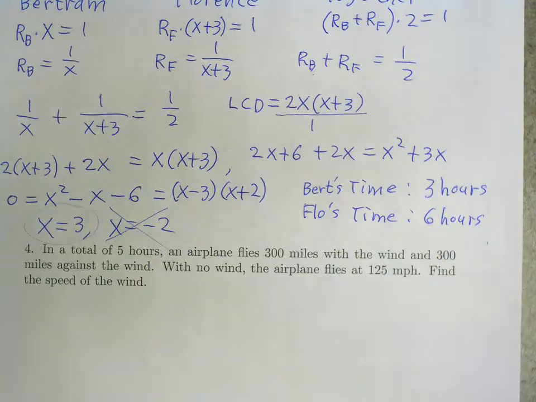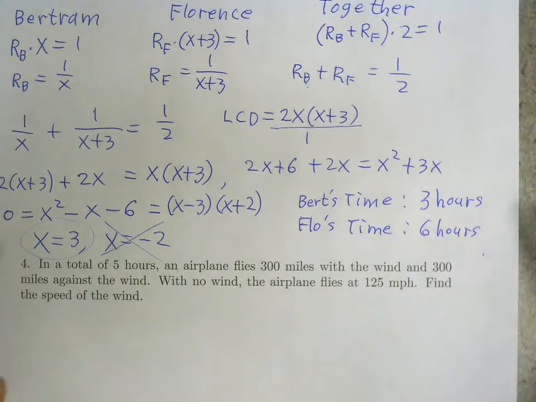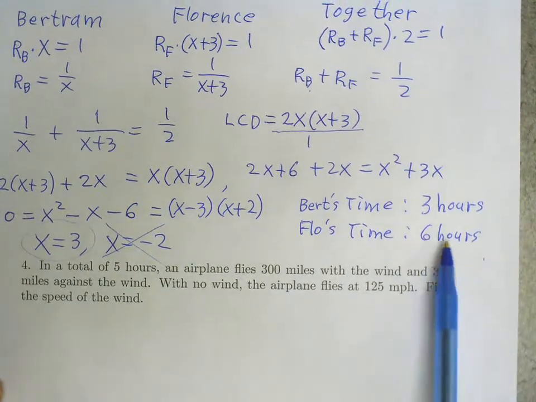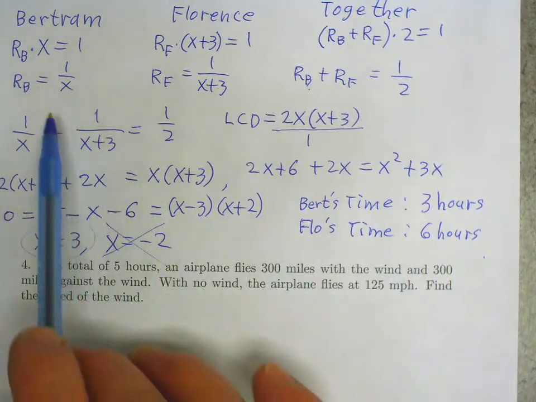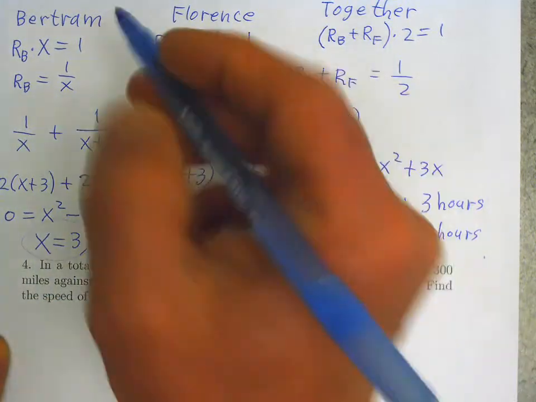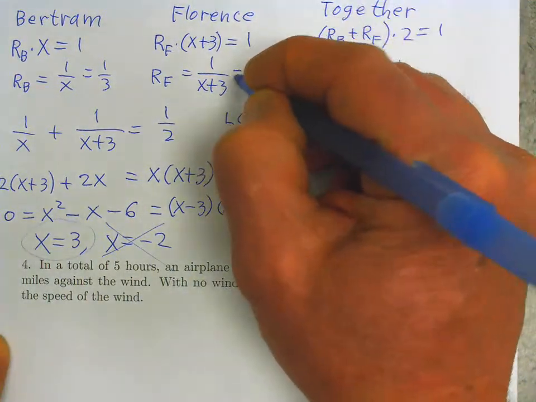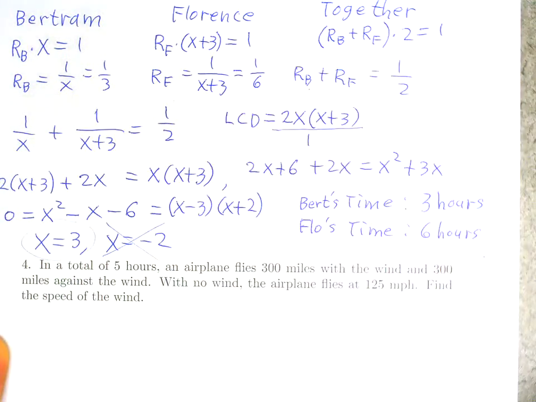Okay, and if you want, you can verify even doubly that those are the right numbers. So Bertram's rate, since it takes him 3 hours, is 1/3 of the job per hour, and Florence's rate is 1/6 of the job per hour.